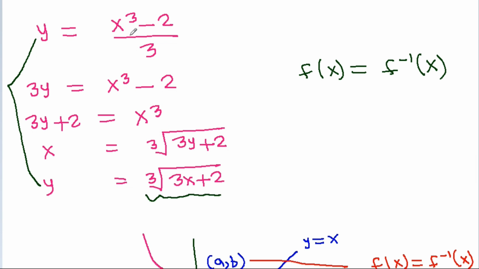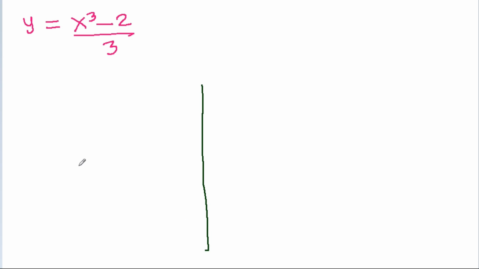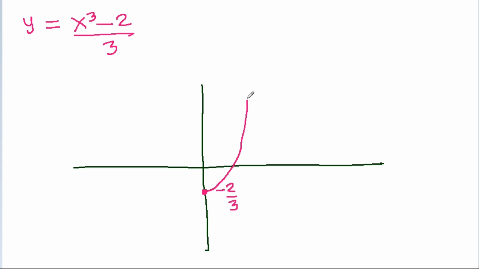And we have y is equal to x cube minus 2 by 3. If we draw the graph of this function, then at x is equal to 0, we get y is equal to minus 2 by 3. And since it is a cubic, the graph will be like this.